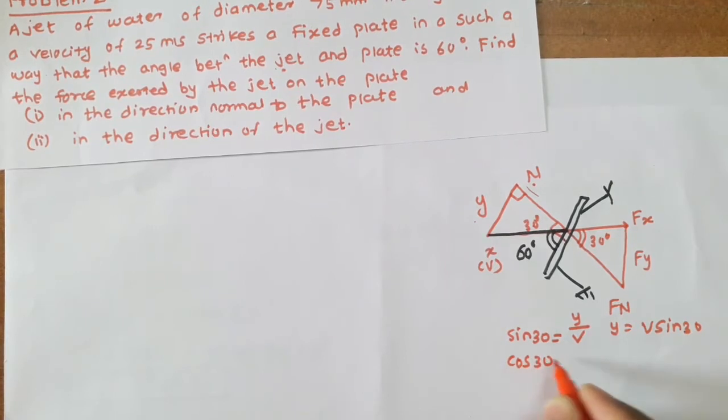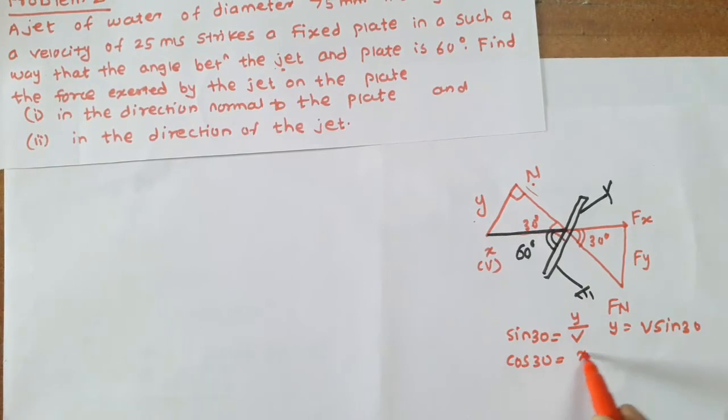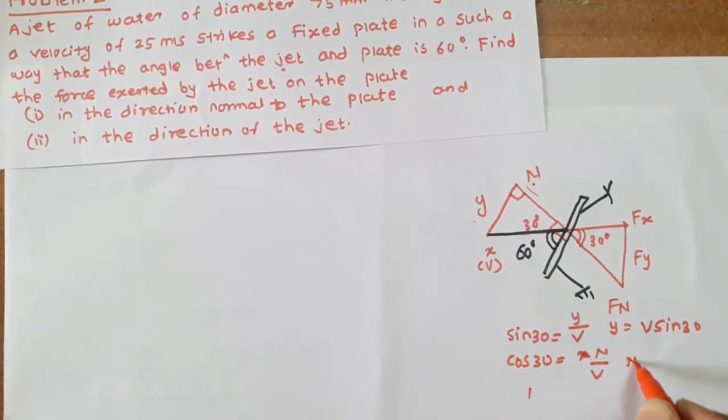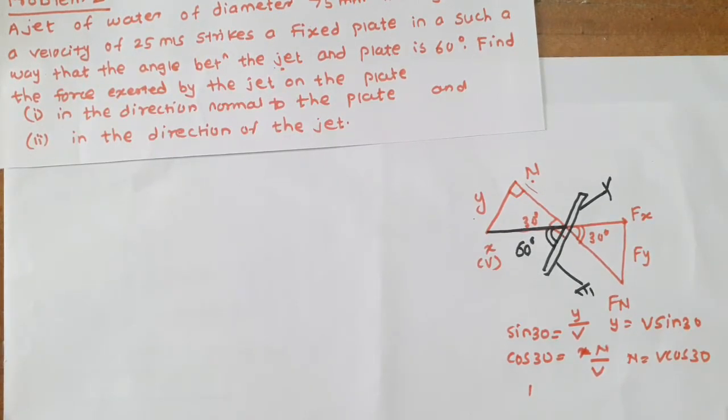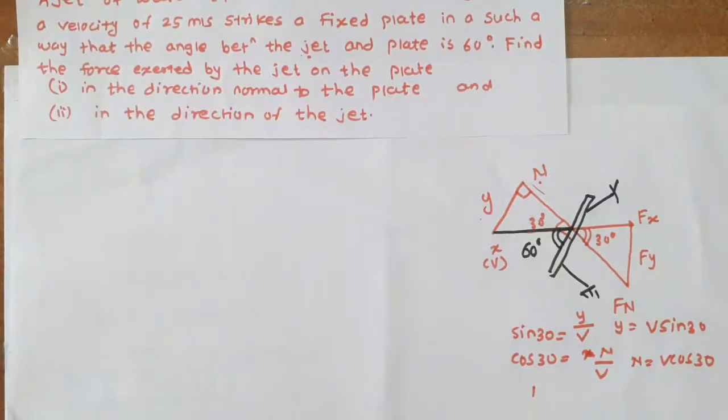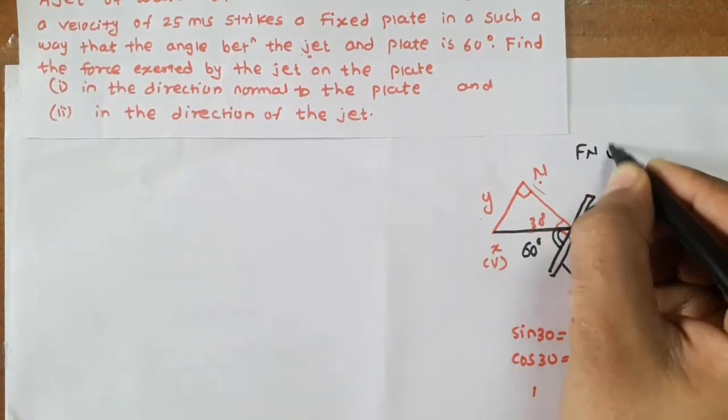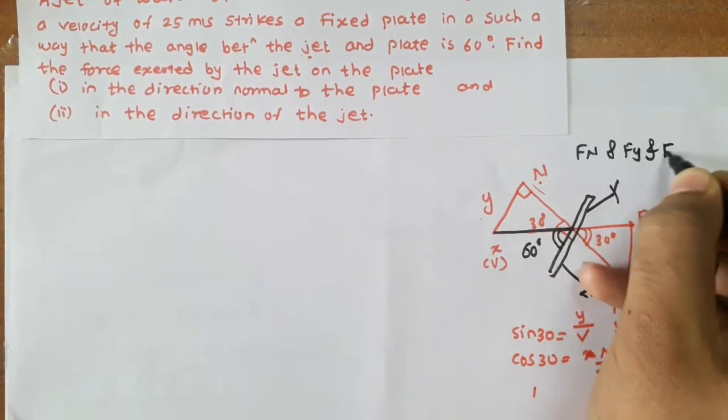Apply cos 30: cos 30 is n divided by v, so the n component is v cos 30. First of all, find out the Fn force, the normal force. From the impulse momentum equation, we can find the force values Fn, Fy and Fx.